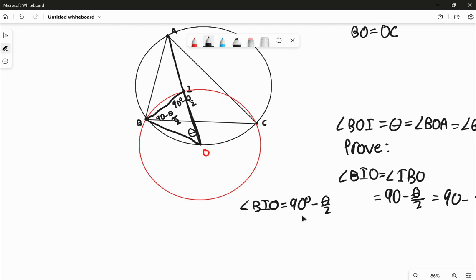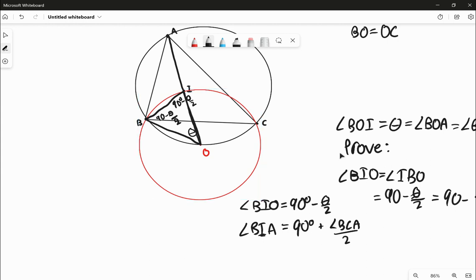So since angle BIO and angle BIA are supplementary, we want to prove that angle BIA is equal to 90 degrees plus angle BCA over 2. Now, some of you may already know that this statement is true, but I'll go ahead and prove it anyway for those who don't.